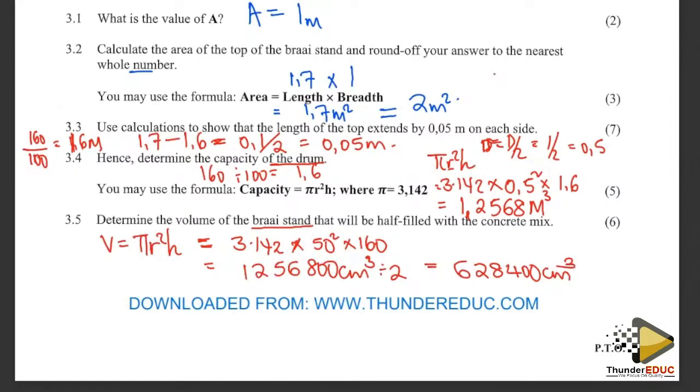If it's needed in meters, centimeters to meters, we divide by 100 cubed. Divide by 100 cubed, which will be 0.6284 meters cubed.